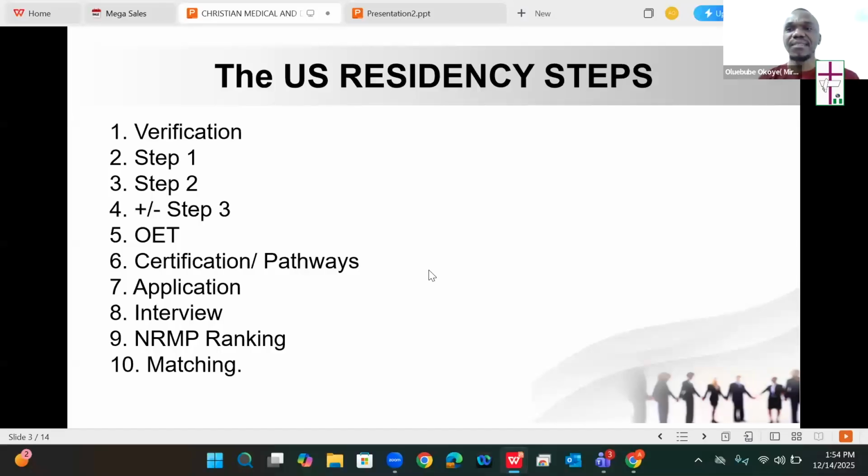When I came over here, I discovered one of the reasons why the US can never do without IMGs, that's international medical graduates, because there are quite a whole lot of openings and opportunities available out there that are looking for doctors, and that's why they are always hoping and looking forward to having IMGs coming to help the population, to help their healthcare system. So it's something that is also very important, that wherever you are, you can actually go about the process of starting your residency in the US or in Canada.